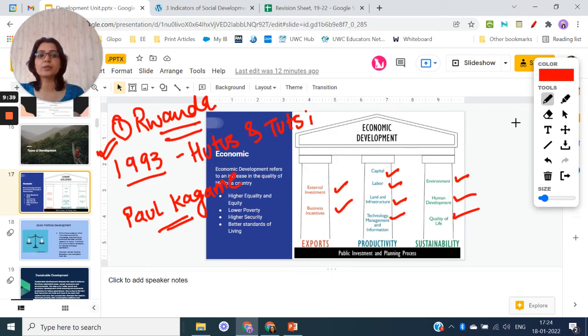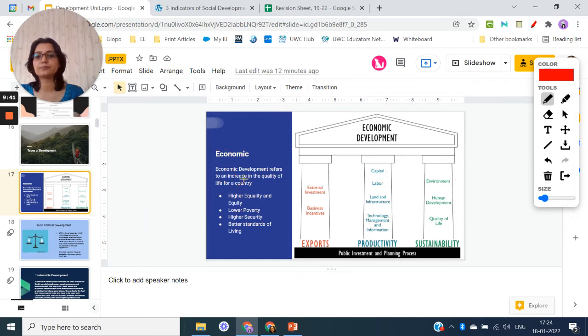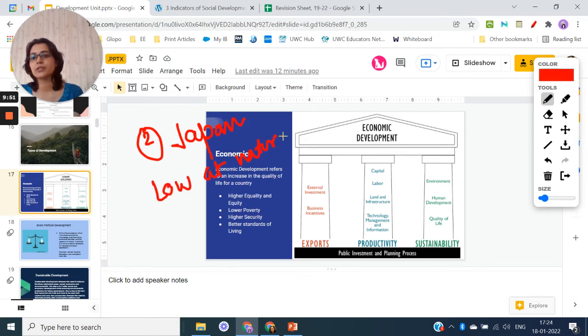The second example you may think of is Japan, low in natural resources, but the way it has been progressing, considering its political decisions, its IT sector, and the work ethics, everything, right?